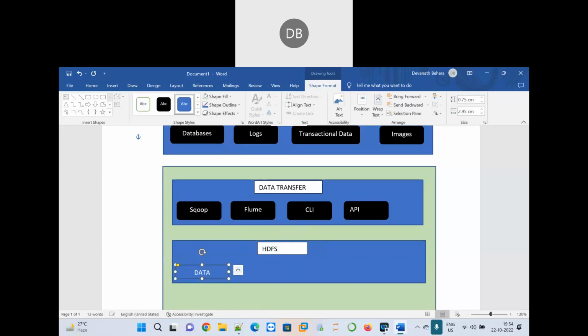Different processes are there: data node, then name node. We'll see each and everything because I'm going to go into the depth of the concept slowly. Name node, then FS image. What's FS image? And everything we are going to see.